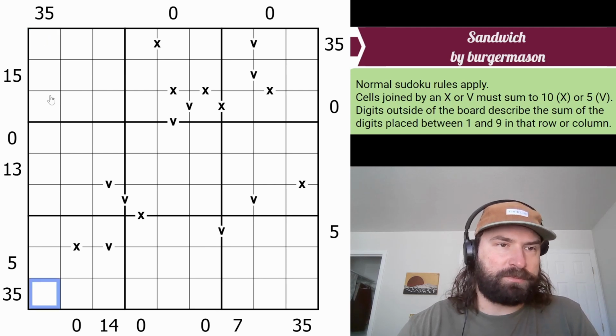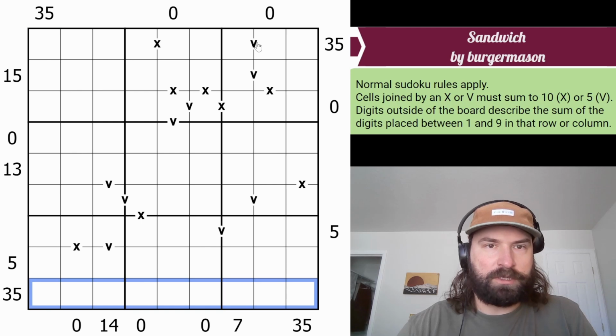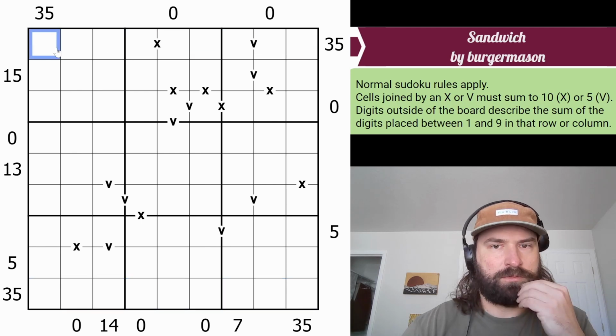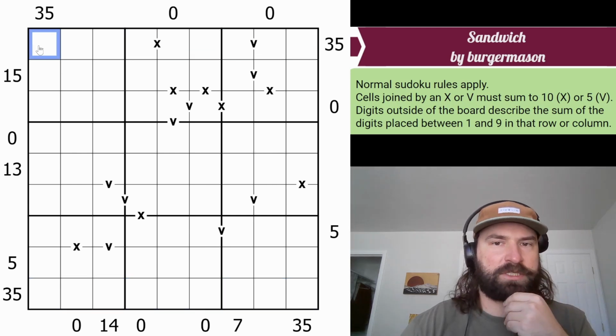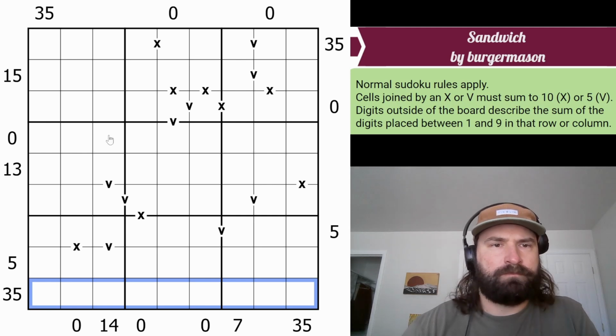So the numbers between 1 and 9 in this column and in this row and in this row are all of the digits from... Basically what this is telling me is that the 1 and 9 go in the corners of the 9 by 9 here. That is definitely true. And if there's a 0, they go next to each other.